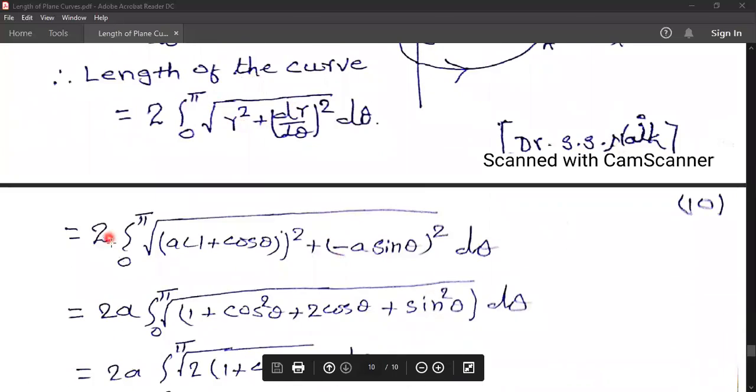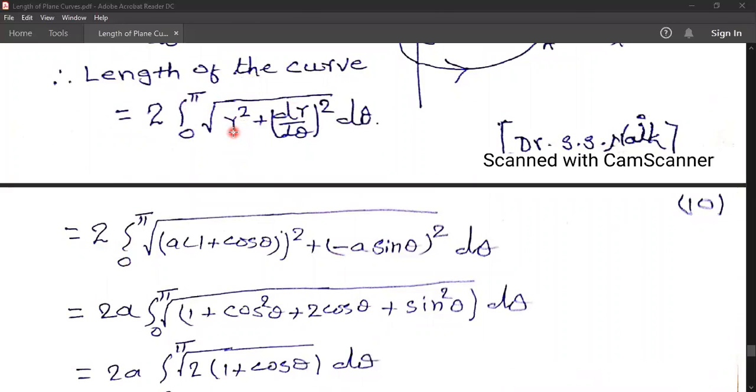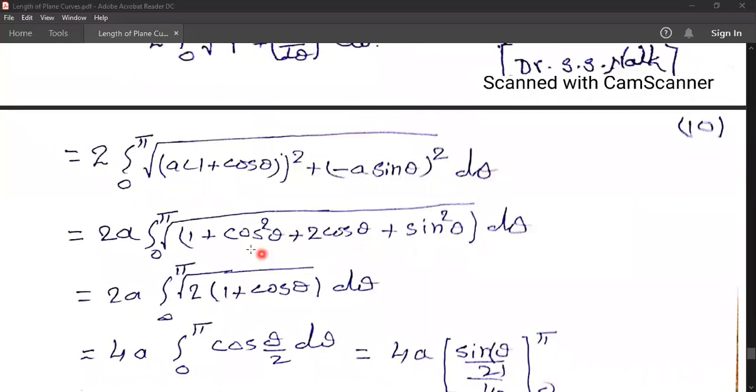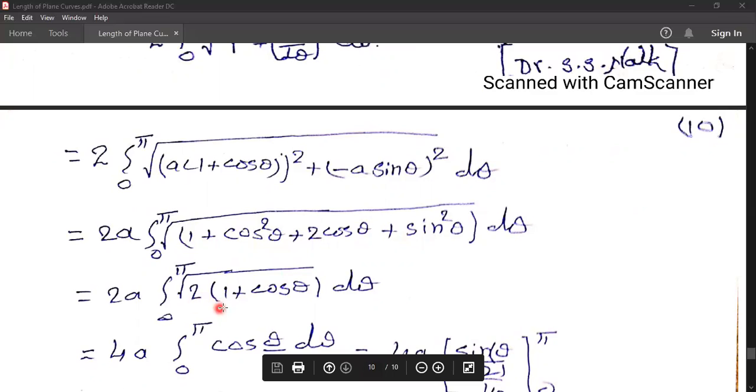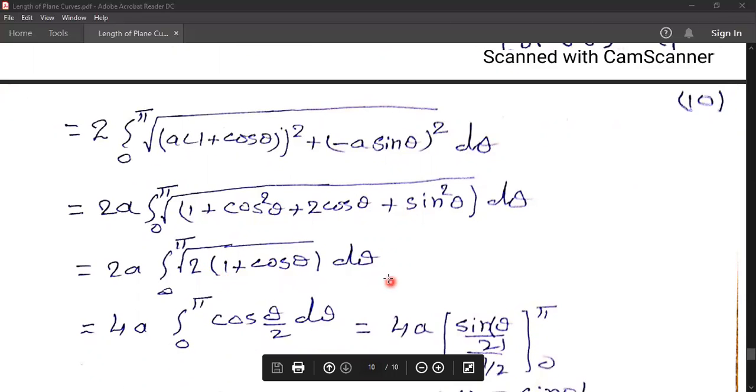Then r square is a into (1 plus cos theta) square, and dr by d theta is minus a sin theta, squared, into d theta. Going on simplifying, cos square theta plus sin square theta is equal to 1. Then this value becomes a, 2 into (1 plus cos theta) into d theta.